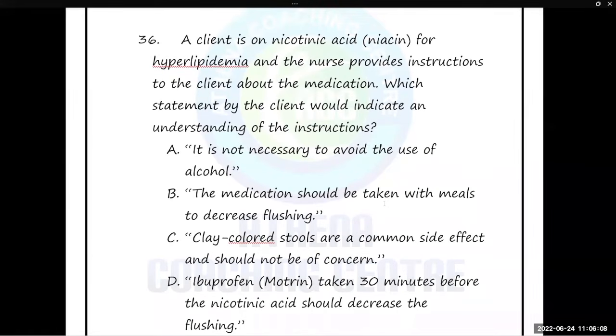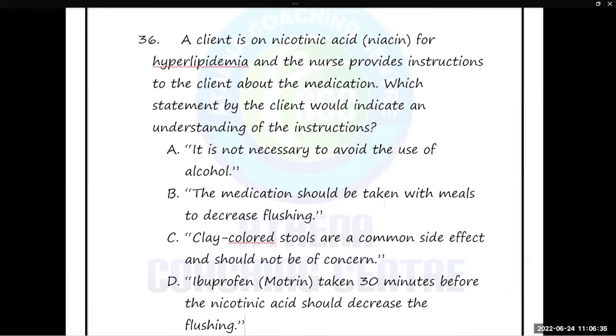So A says it is not necessary to avoid the use of alcohol, and B says the medication should be taken with a meal to decrease flushing. C, clay colored stools are common side effects and should not be a concern. And D, ibuprofen taken 30 minutes before nicotinic acid should decrease the flushing.